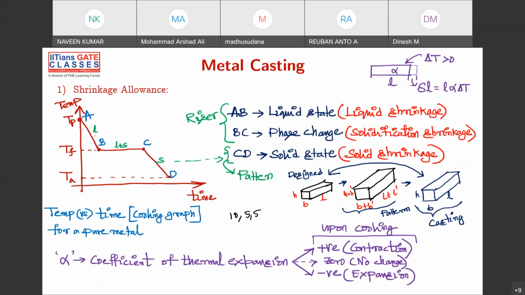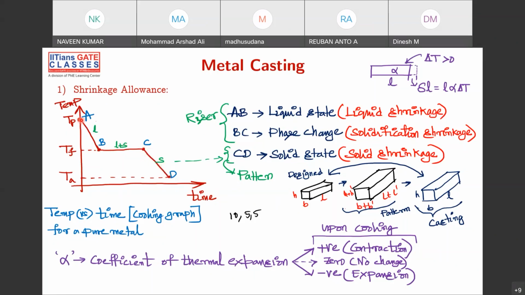From A to B, it is liquid in nature, and from B to C is the phase change, that is liquid plus solid. B has more liquid, C has more solid, and in between it is in the liquid plus solid stage. Then it comes down to D, which is full solid.